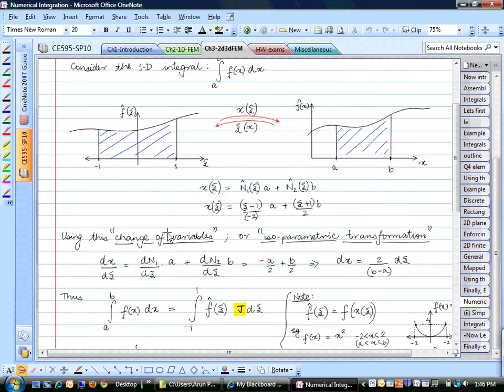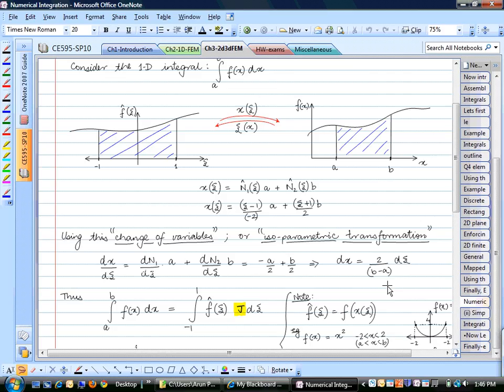Using this formula, I can calculate dx over dc, which is this first derivative times a, plus the second shape function derivative with respect to c times b, and that turns out to be this. If you rearrange that, this is what it is. So can anybody take a guess at what this is?